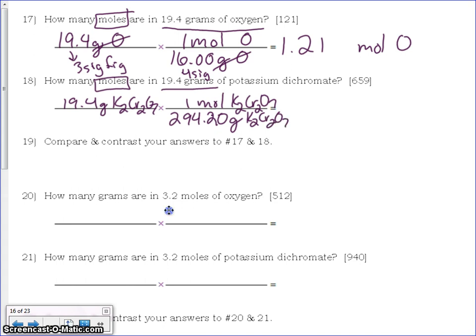When I do 19.4 divided by that value, I get 0.0659 moles of potassium dichromate. Again, rounding to 3 significant figures based on the 19.4 grams.